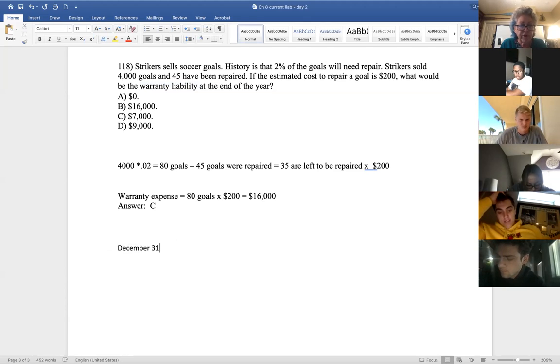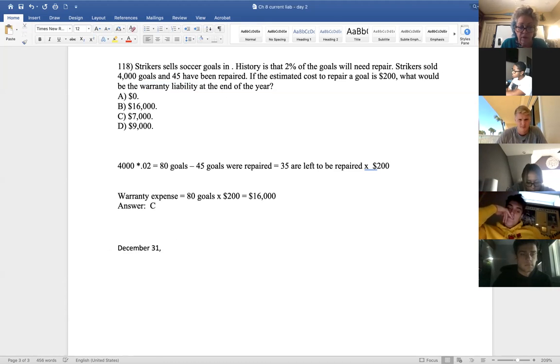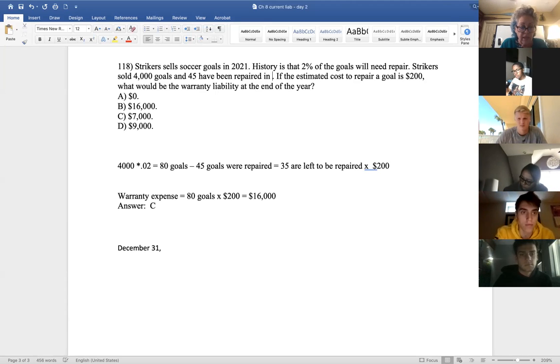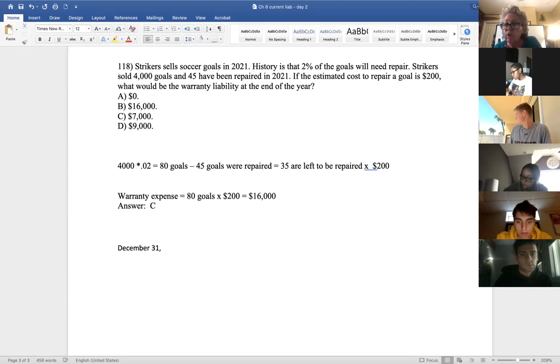So what would happen would be this. They didn't say what year it was, but let's say they sell soccer goals in 2021. And they anticipate 45 will have been repaired in 2021, and the remaining will be repaired in the ensuing year.